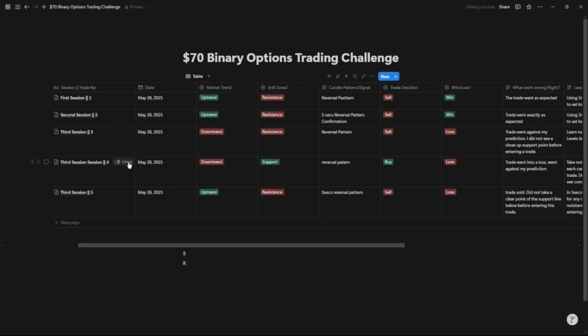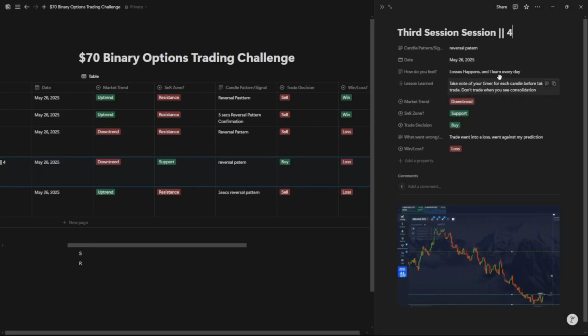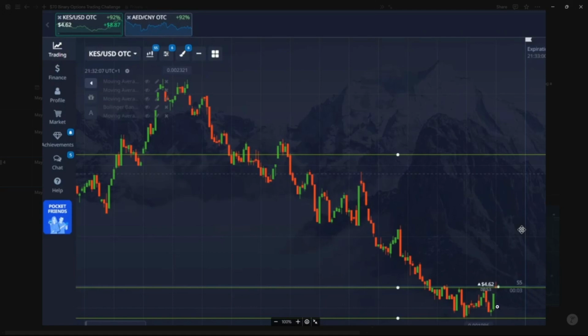So let's go to my fourth trade, which was also a loss. I bought on this trade, and it was on a downtrend. Let's expand the picture. I got a reversal here in which I entered the trade when I saw it cross the line. But one thing I figured is I planned on taking an entry on the previous candle.